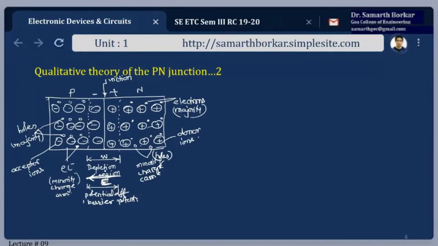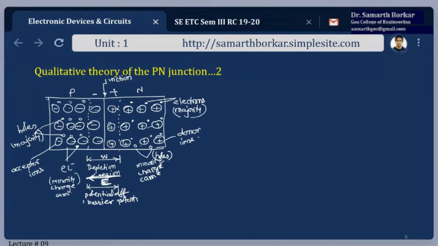In this process, the negative acceptor ions in the P region and positive donor ions in the N region are left uncompensated.